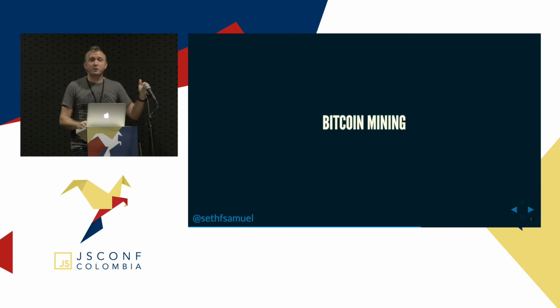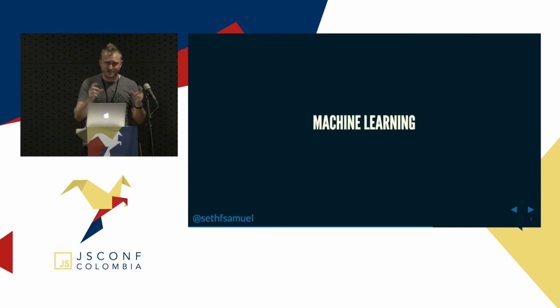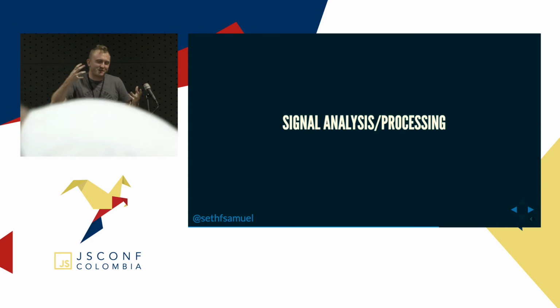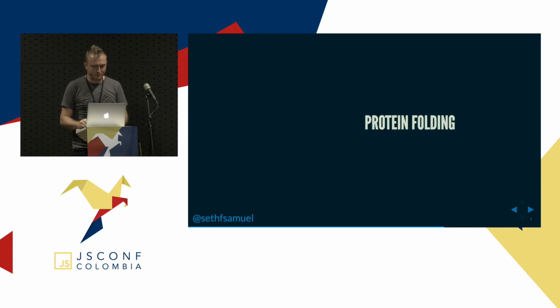Bitcoin mining, all Bitcoin mining is done on the GPU. Just flat out, if you're mining Bitcoins or any other sort of blockchain type thing, it's done on the GPU. Media encoding, all parallel, all block-based. Machine learning is a lot of math, but lots of little math. Signal analysis and processing, I feel a little guilty. This is kind of cheating because sound and images are really all just signals, but we conceptualize them differently, so it's possible.